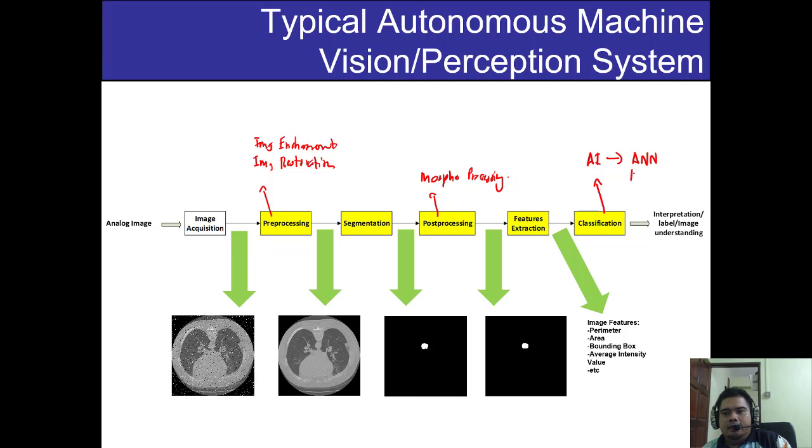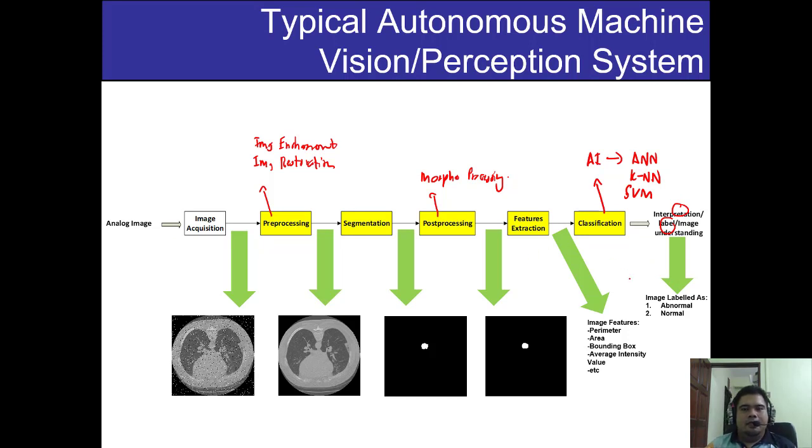You can also use k nearest neighbor, or you can use SVM, or what else. The purpose of classification is that once you feed the features into this block, it will be capable of deciding whether this image belongs to normal or abnormal. Meaning the output of classification is the label, or the interpretation of the image, whether that image is normal or abnormal.